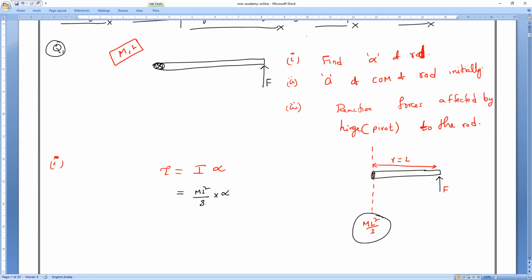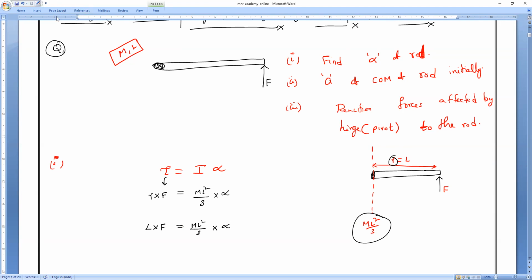And another formula for tau is R into F. Now R is equal to L, so L into F is equal to ML square by 3 into alpha.